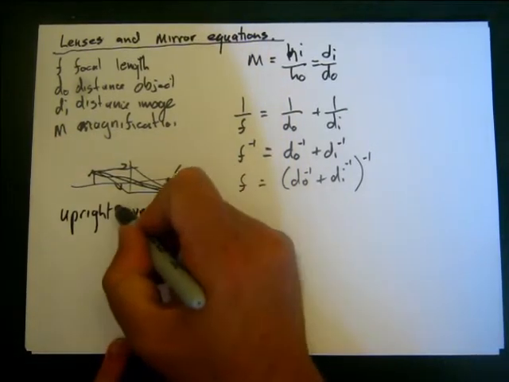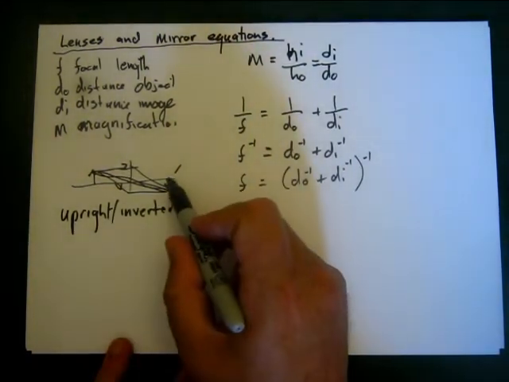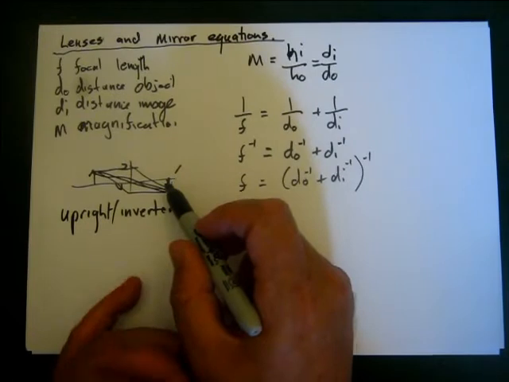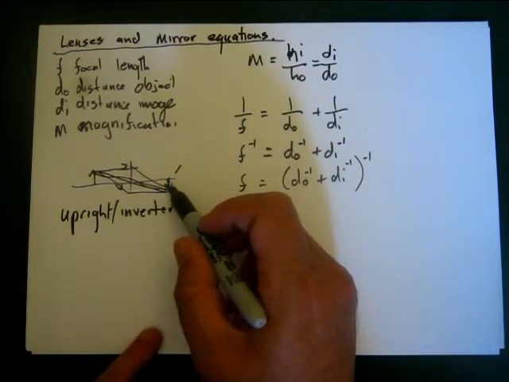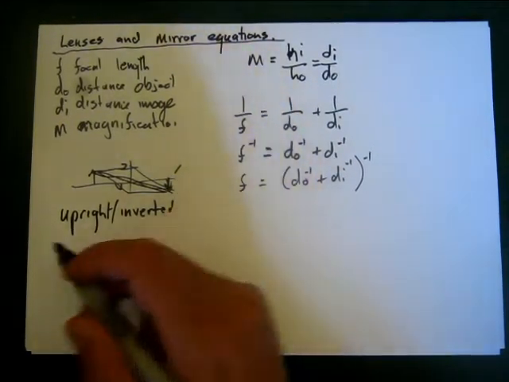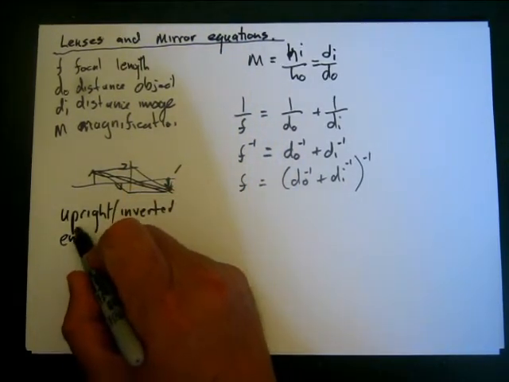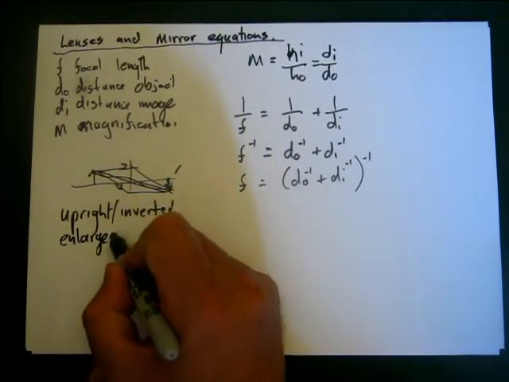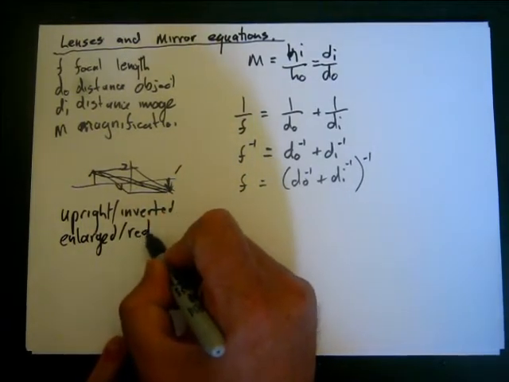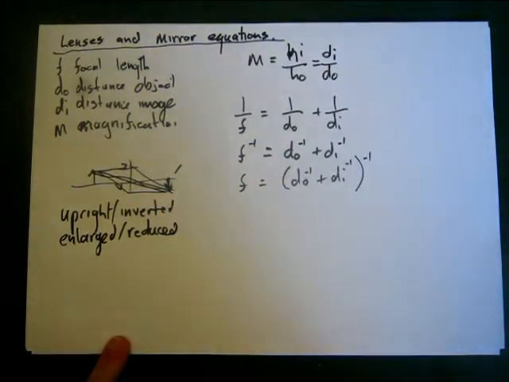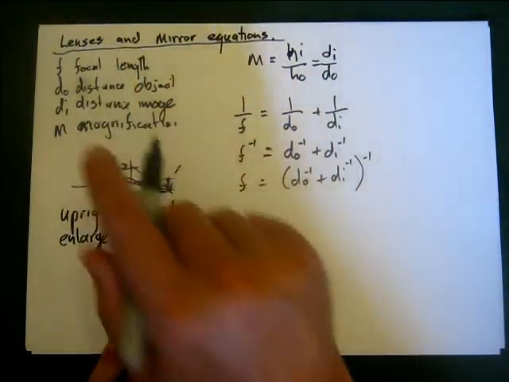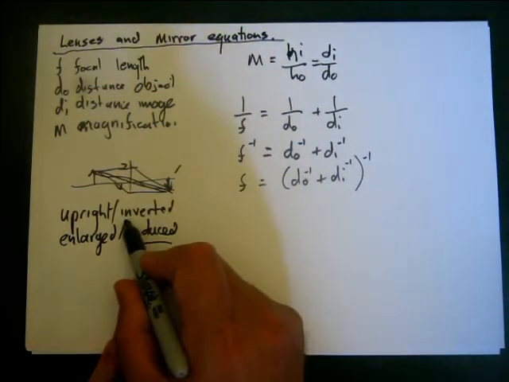We can tell that this one is upside down. Sometimes, like magnifying glasses, the image is the right way up. Sometimes it's upside down. Other things that we want to know, is it enlarged or reduced? We can either use this equation here, or we can look at the picture and see that it's smaller than that, so this is reduced.